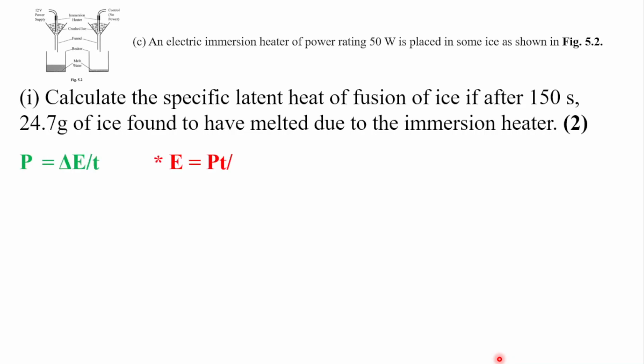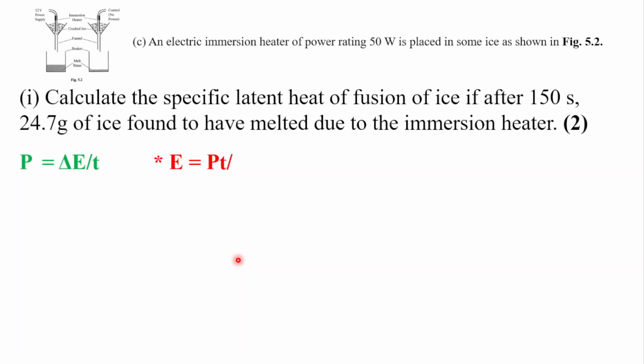The first thing I want to outline again is a useful formula: power is equal to the change of energy over time. So energy is going to equal the power times time. You can ignore this division slash; it's not supposed to be there. It's a typo. Just power times time. So what we're going to do next is find the energy.